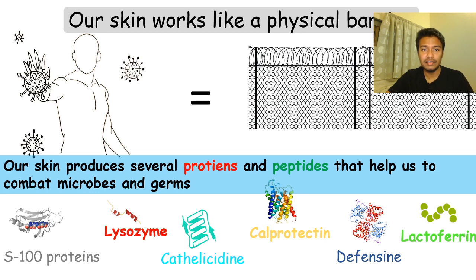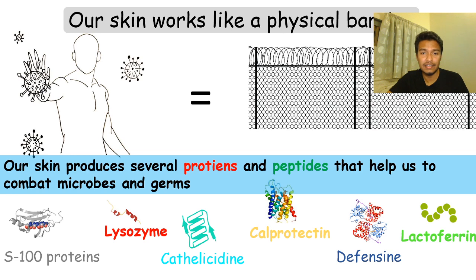That means the skin is just like a fence present on the border of our country. Our skin protects us from many pathogens, bacteria and harmful agents by secreting several proteins and peptides like lysozymes, calprotectins, defensins, etc.